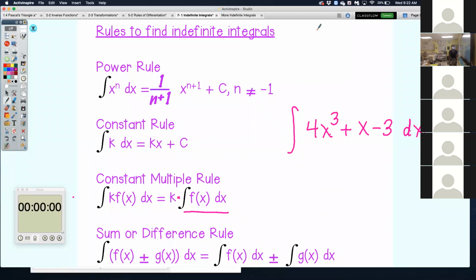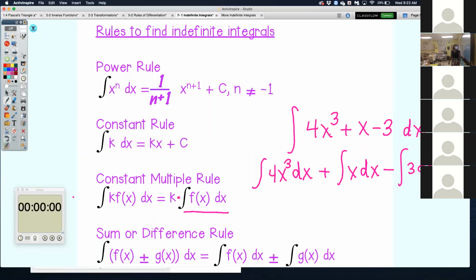So let's say that you have this function written in the pink, the integral of 4x to the 3rd plus x minus 3 dx. This is a combination of all these rules put into one. First, you have your sum and difference rule, because what you need to do is take the antiderivative of every single piece of that expression, okay?